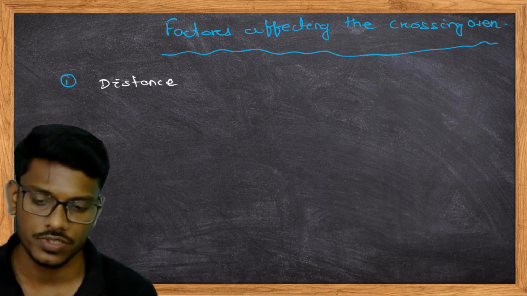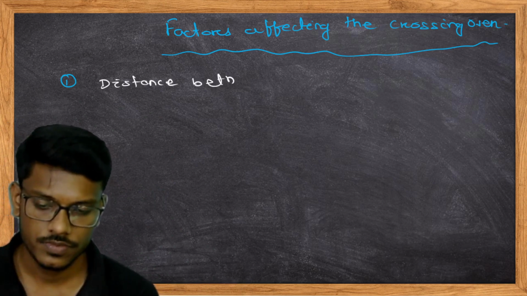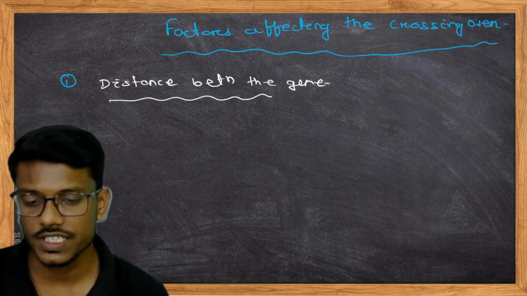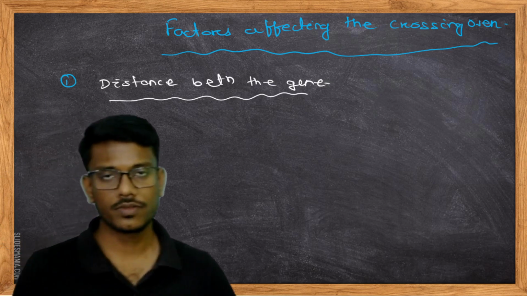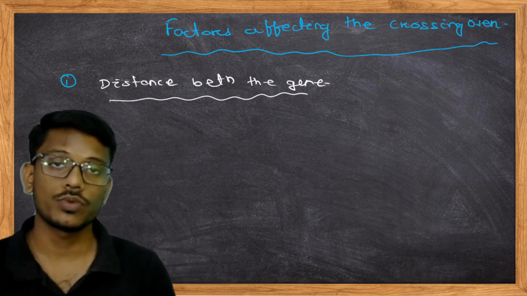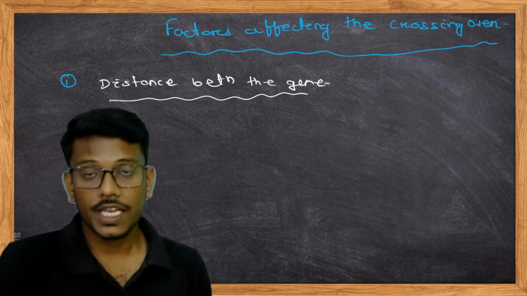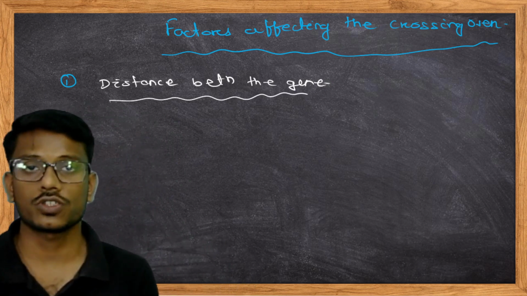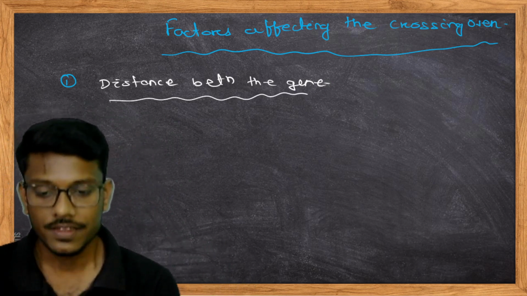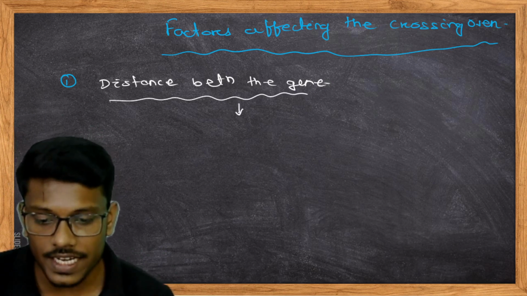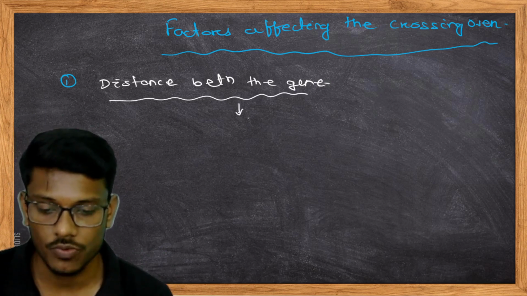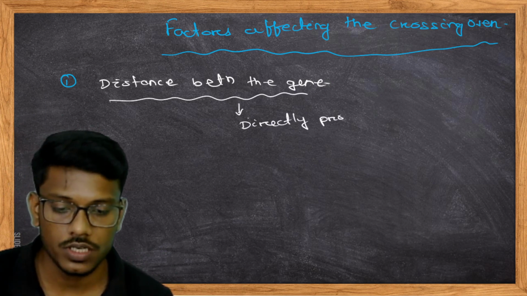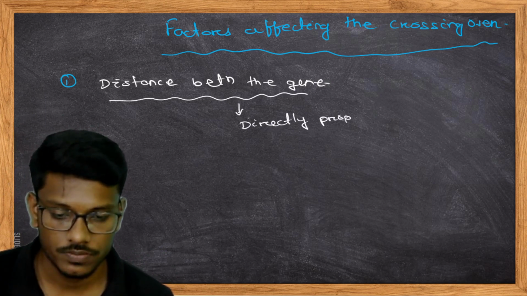We have discussed this. If the distance between the genes is more, then the rate of crossing over will also be more. If the distance between the genes is less, then the rate or percentage of crossing over will also be less. That means this is directly proportional to the rate of crossing over.